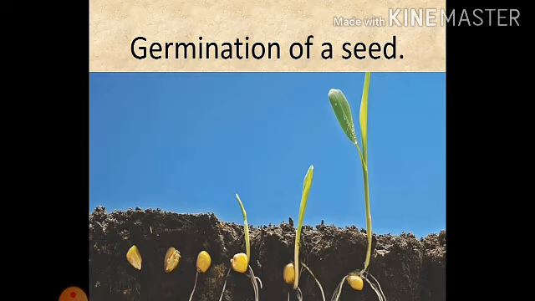Then it will start its own process of photosynthesis. The root and the shoot start growing. The root grows downwards, and the shoot grows upward. So this is the process of germination of a seed, which we learned in the last session.